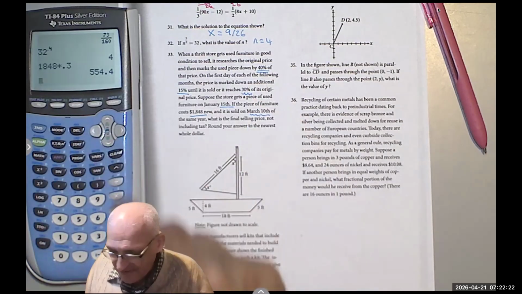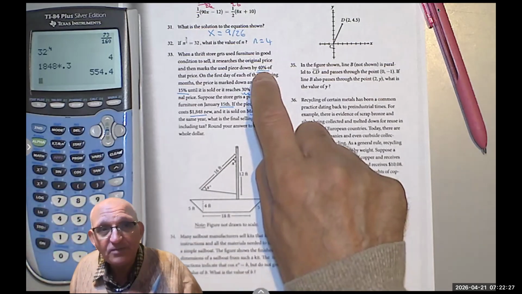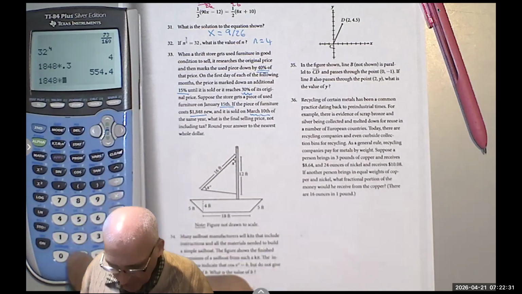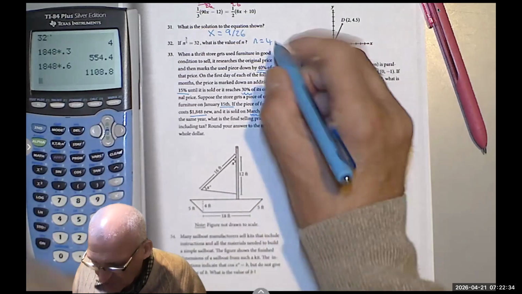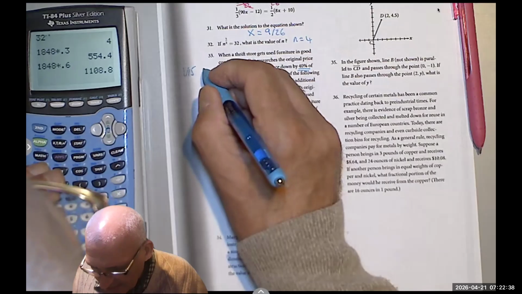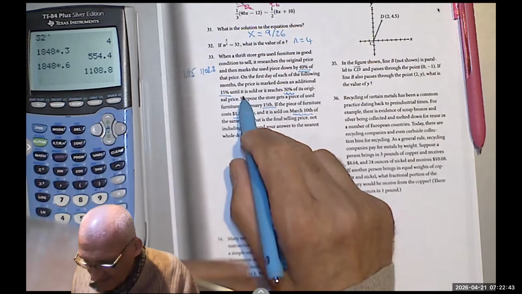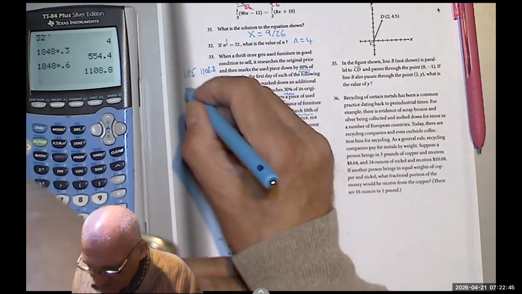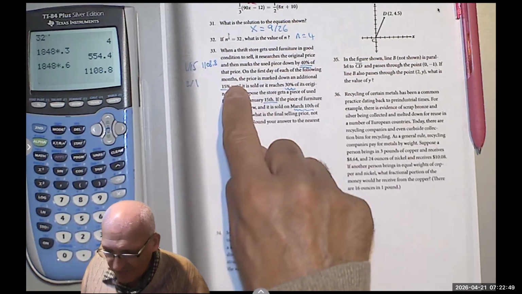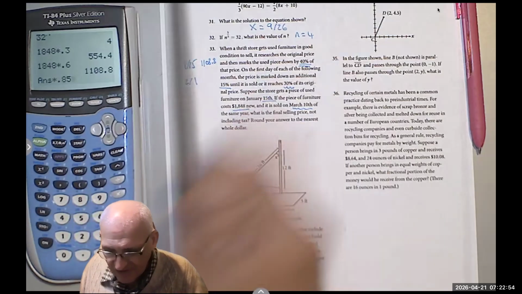If it's marked down 40%, it will become 60% of that. 1848 times 0.6, so on January 15th its price is 1108.8. Then on February 1st, it will drop 15%, meaning it will be 85% of that, so times 1 minus 0.15.